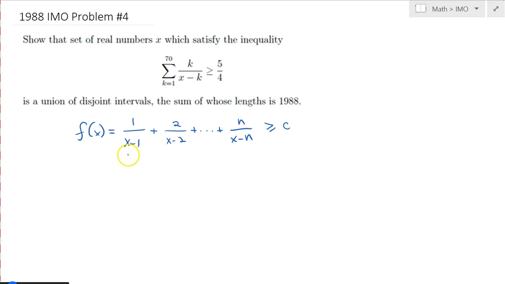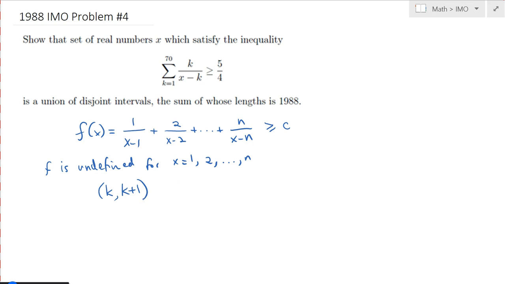Obviously the function is undefined for x equal to 1. F is undefined for x equals 1, 2 all the way to n, but pretty much everywhere else it is well defined. So as a result I would define my function on intervals such as k to k plus 1.